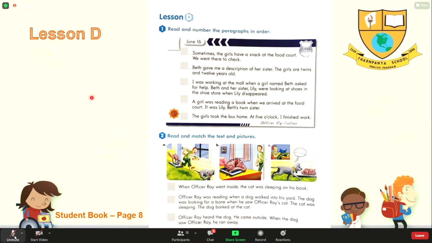I was working at the mall when a girl named Beth asked for help. Beth and her sister Lily were looking at shoes in the shoe store when Lily disappeared. Beth gave me a description of her sister. The girls are twins and 12 years old.